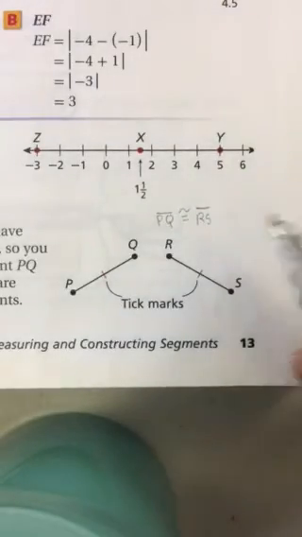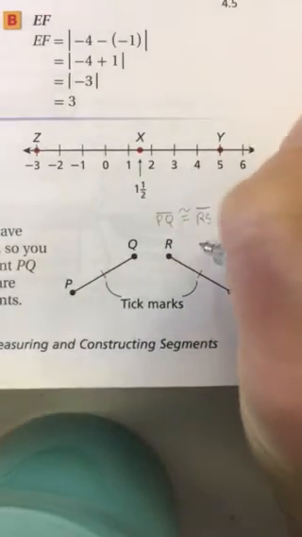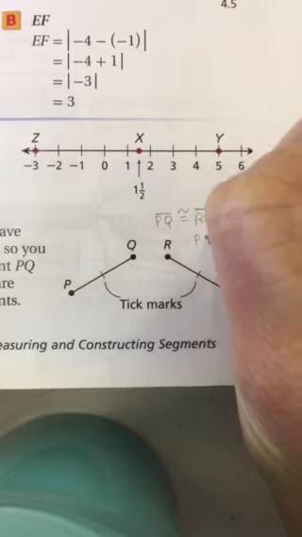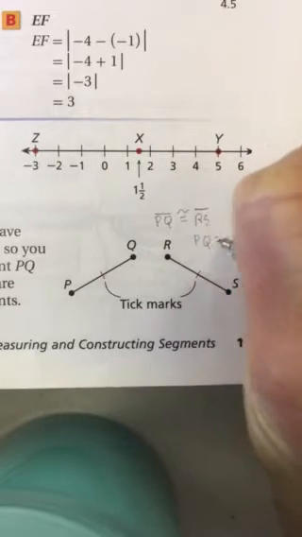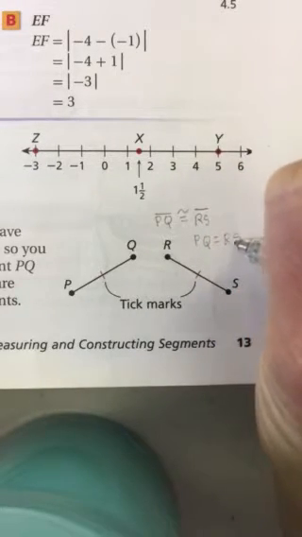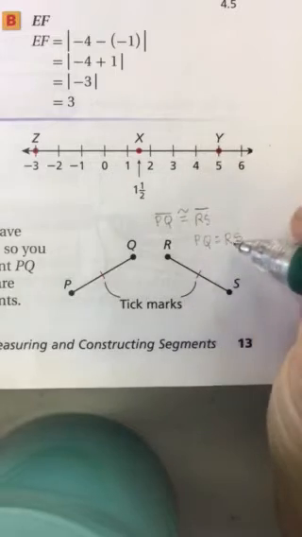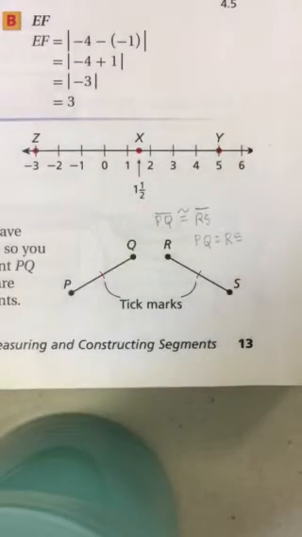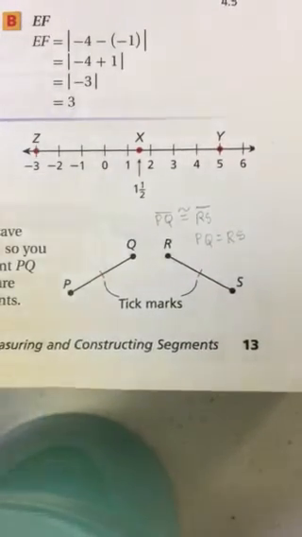Because these are not numbers that are equal, these are geometric figures that are congruent, or same size, same shape. This is how we would write two numbers that are equal, or two amounts or portions that are equal, PQ and RS. All right, let's move to the next page.